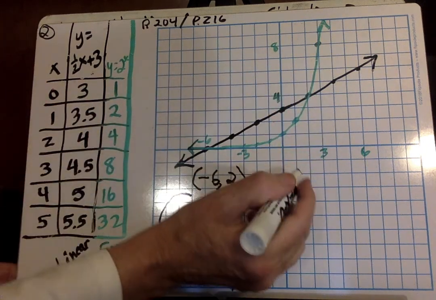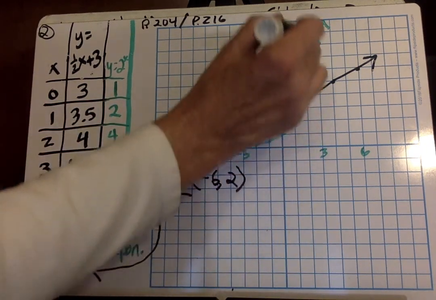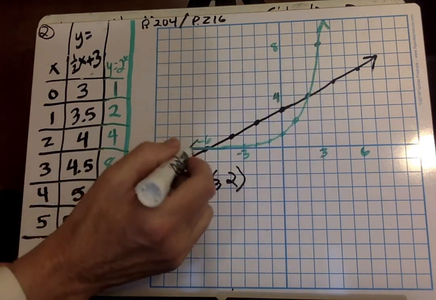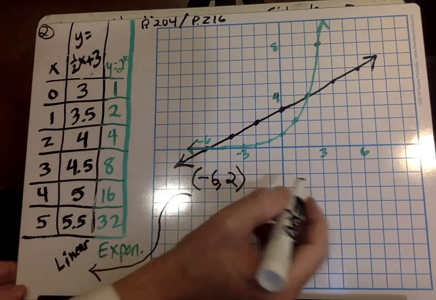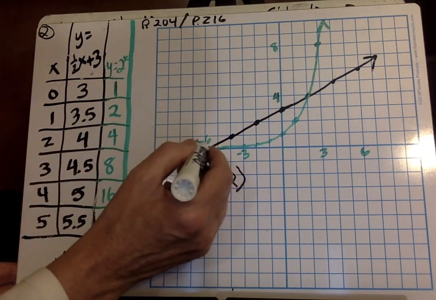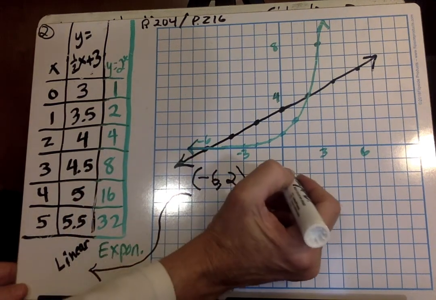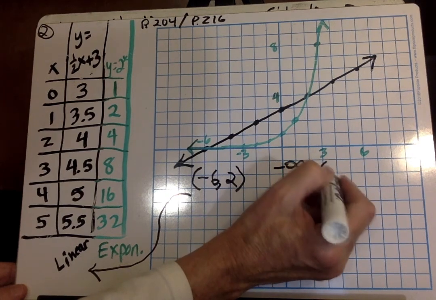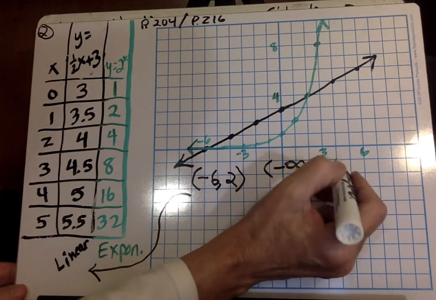And then underneath the graph itself, it says give the intervals when the exponential equation is greater than the linear equation. So it's going to be greater from -6 on, because the linear one will keep going down to -infinity, and this one will keep going straight and never hit 0, but will get closer and closer to 0. So I can say from -infinity to -6, that's when the exponential function is greater.